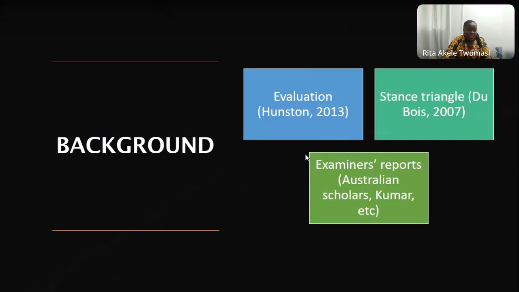Du Bois in 2007 propounded the stance triangle to simplify the act of stance taking, comprising all three aspects of stance: evaluation, alignment, and positioning. Thus, according to Du Bois 2007, stance includes evaluating an object, aligning with the subject, and positioning of a subject, which is mostly the self.